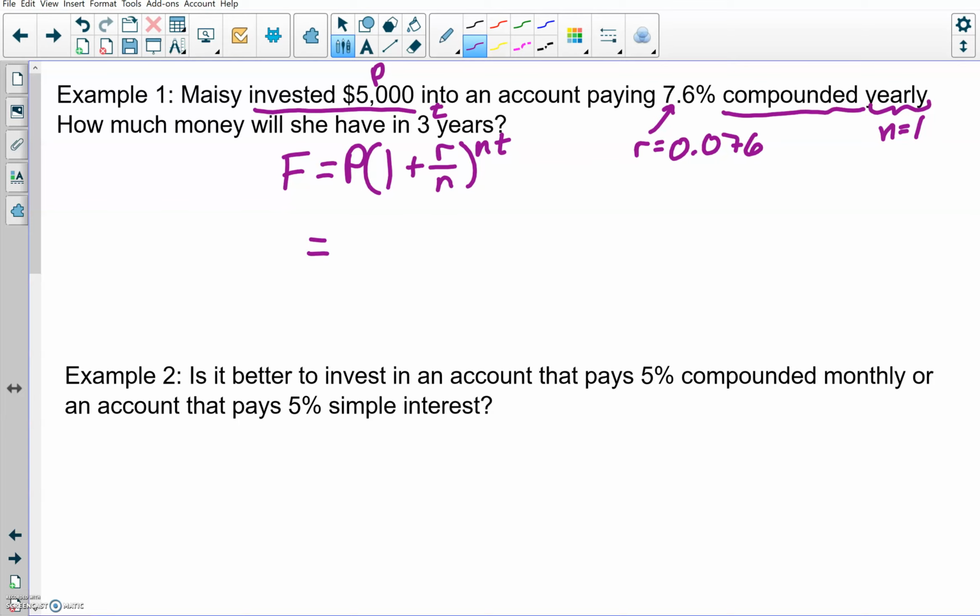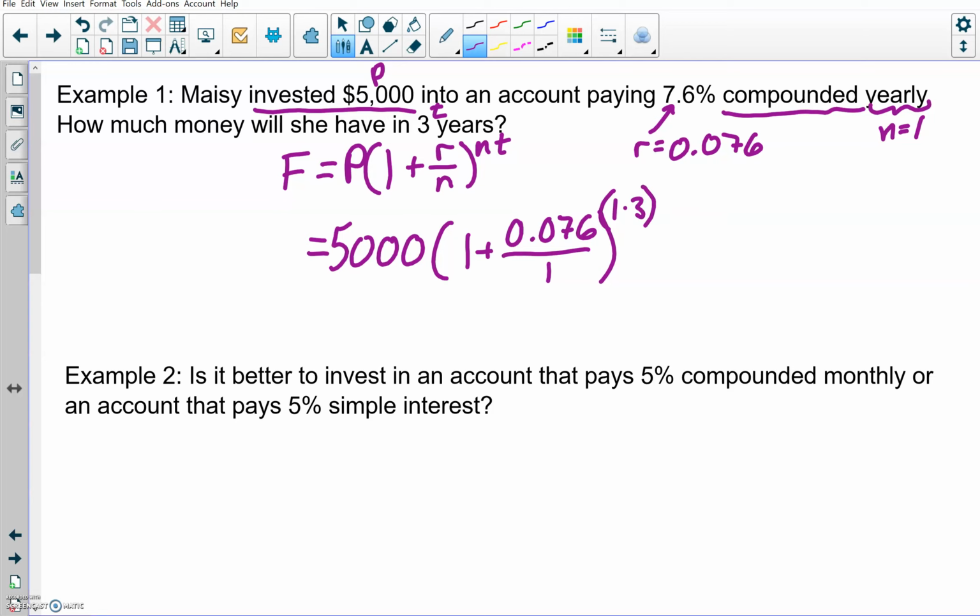So then you just plug all these pieces of information in. You plug the 5,000 in. 1 plus 0.076 divided by 1, just to make it clear that we are dividing by the n, and then raised to the 1 times 3 power. And in Desmos, I would recommend you put parentheses. Lots of parentheses here.